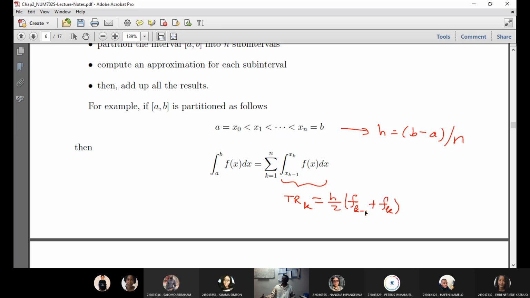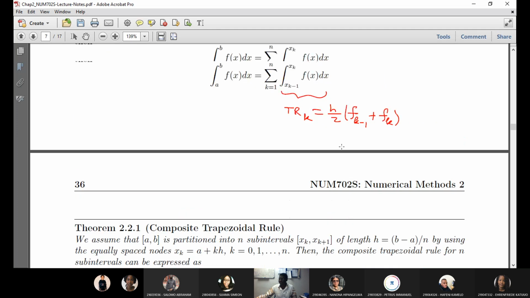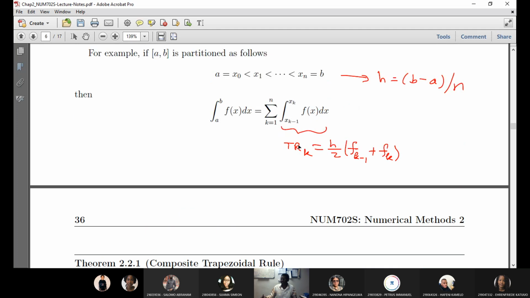Now, if we sum this, it gives us this expression. Why? Because if I apply this, we can see that this will become this sum. So h by 2 does not depend on k, I can take it out of the summation.